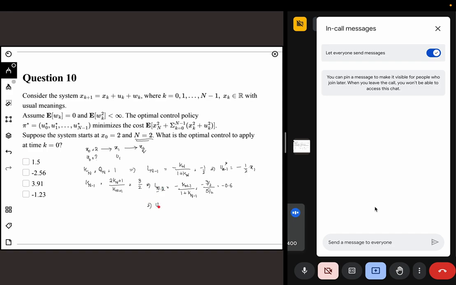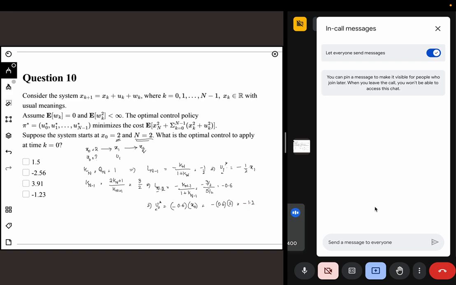This implies un minus 2, that is u0. Ln minus 2 is minus 0.6 times x0. X0 is given as 2, which gives minus 1.2. So at t equal to 0, I have to apply a control of minus 1.2.